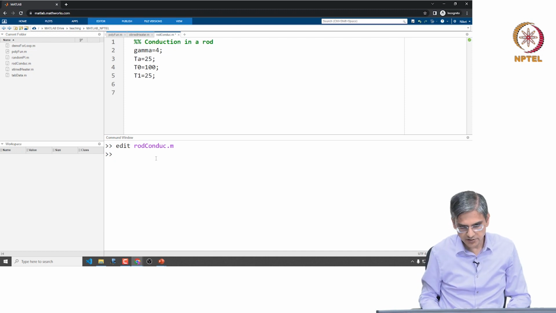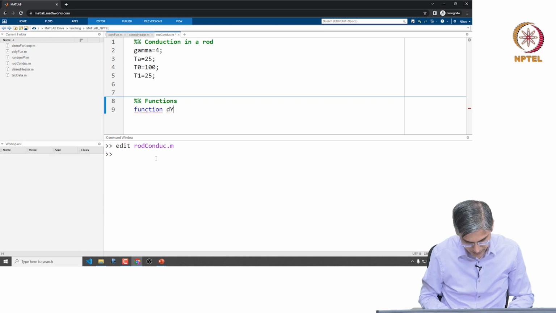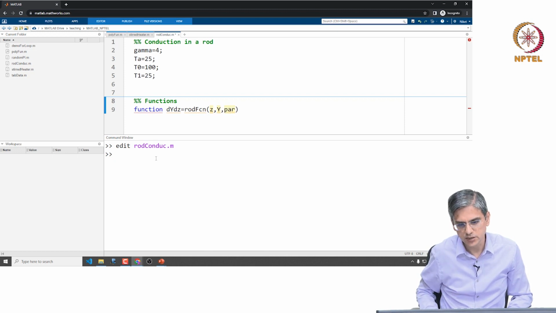So, let us write down the functions. The first function: function dydz equal to rodFCN of z comma y, param.